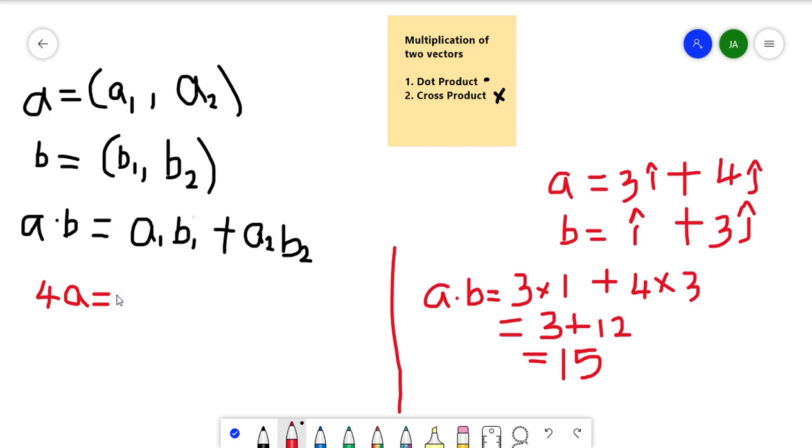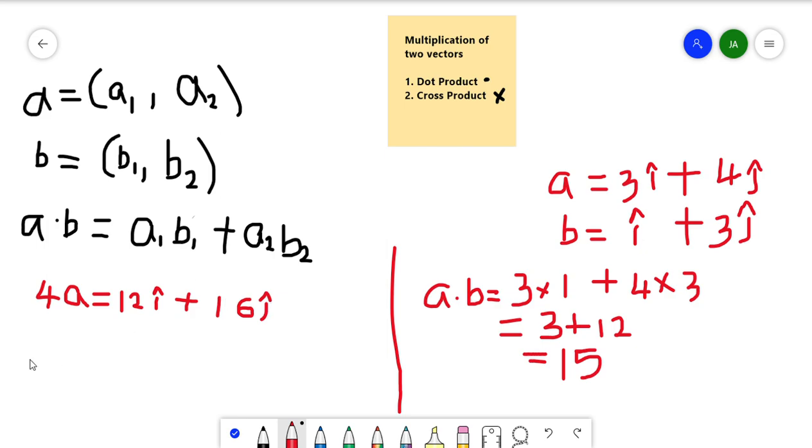So this will give me 4 times 3, which gives us 12i, plus 4 times 4, which gives me 16j. Now I want to note that this new vector, 12i plus 16j, is in the same direction as 3i plus 4j, but the magnitude is 4 times that of A.